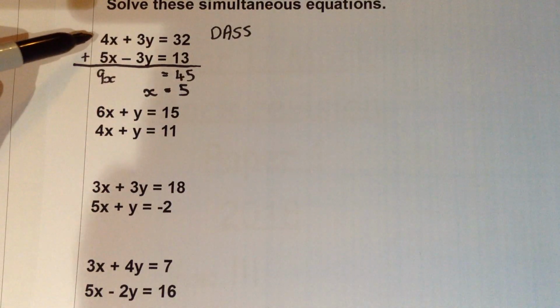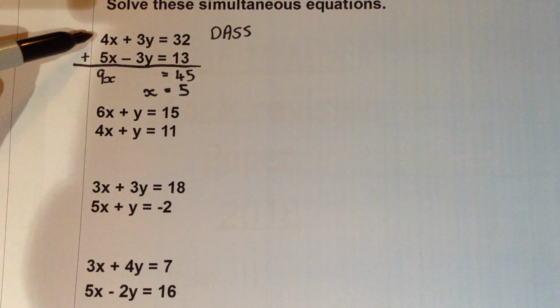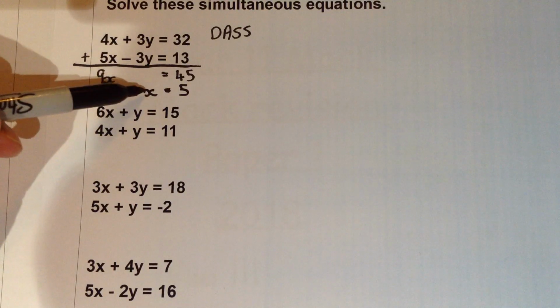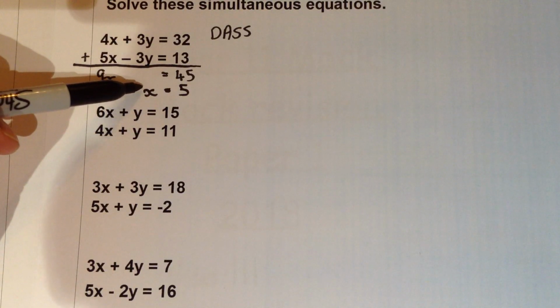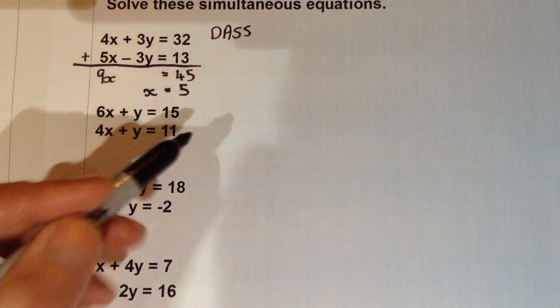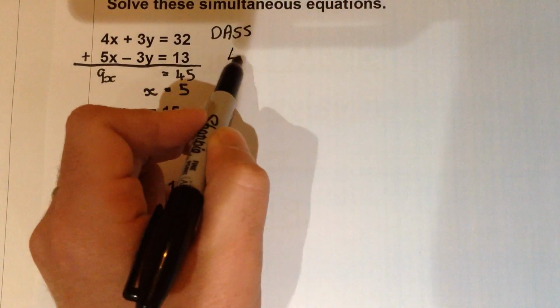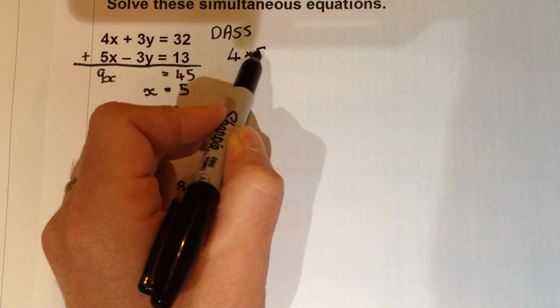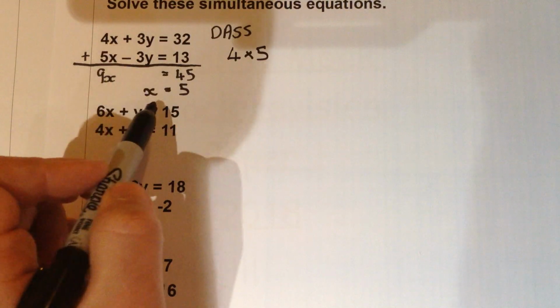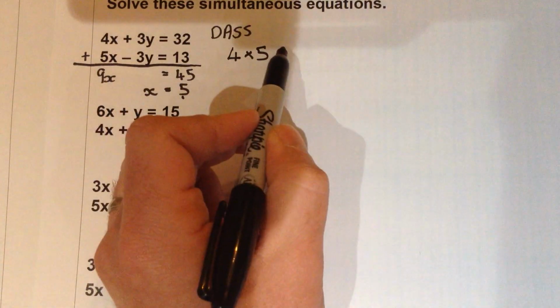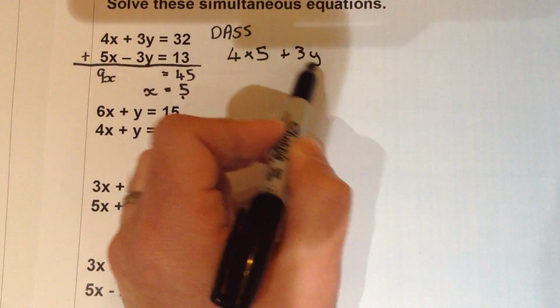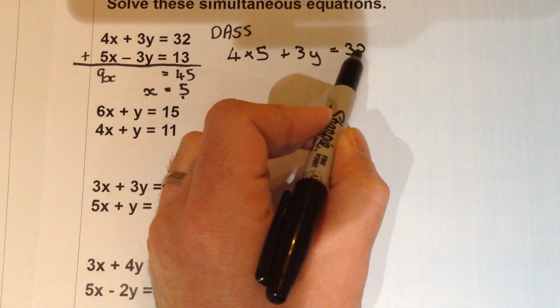So at this point I pick one of the equations above. I'm going to go for the top one, and I substitute x equals 5 into that equation. So if I do that over on this side, 4x now becomes 4 times 5, so 4x replaced with a 5, plus 3y equals 32.